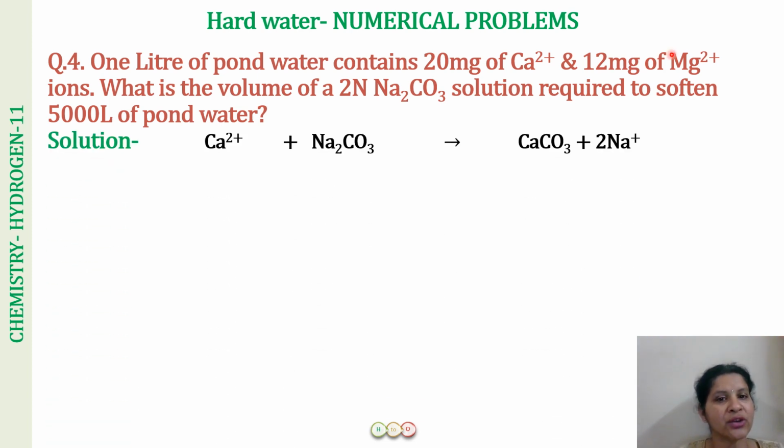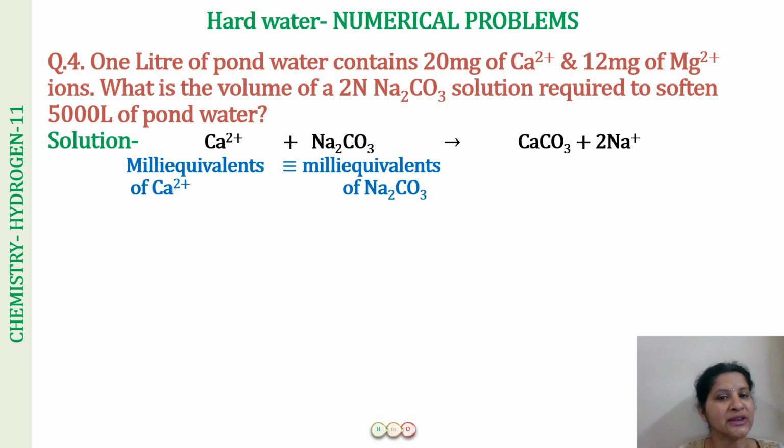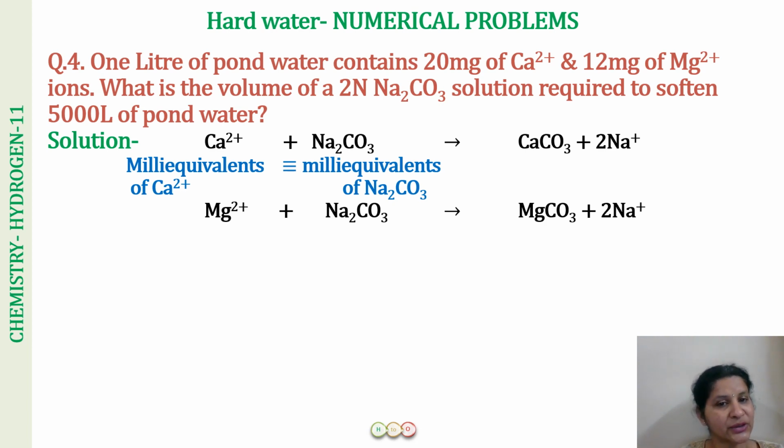So calcium ions on reacting with sodium carbonate is going to form calcium carbonate and sodium ions. So this means that the number of milli equivalents of calcium ions is going to be equal to the milli equivalents of sodium carbonate. Perfectly fine. Similarly, we have magnesium ions reacting with sodium carbonate to form magnesium carbonate and sodium ions.